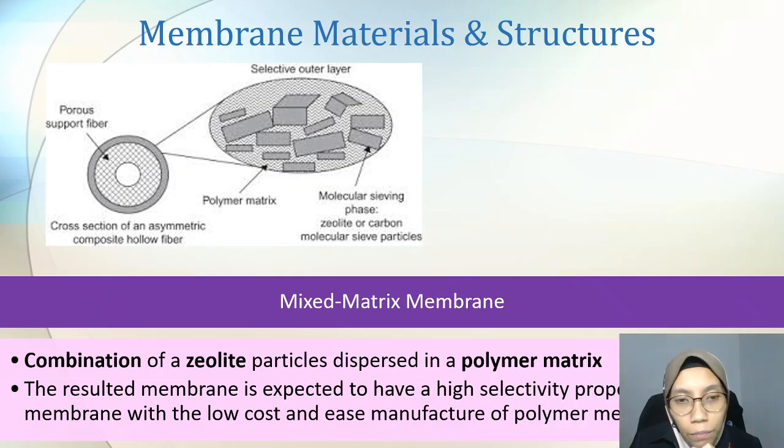So what we do is come out with mixed matrix membrane, where the polymer matrix membrane is added with zeolite. Zeolite can withstand high temperature and also has high selectivity. So the combination of those two is targeted to have high selectivity, but at low cost, because we know that membrane from polymer is easy to fabricate. So that is what MMM stands for, mixed matrix membrane.